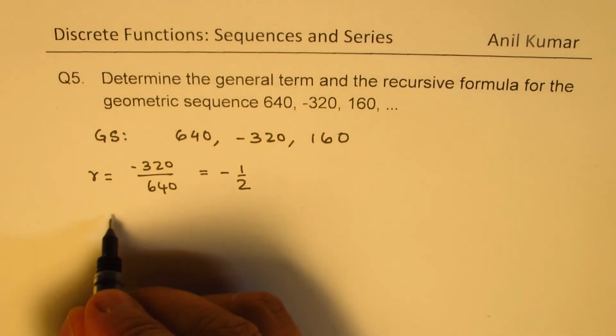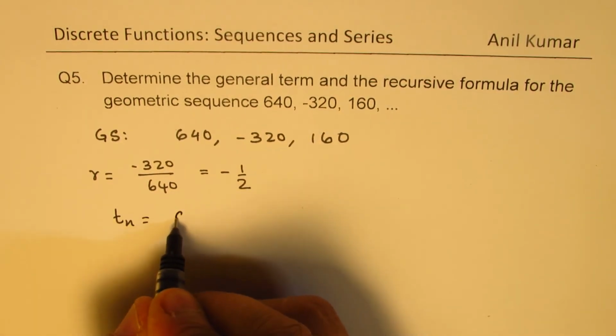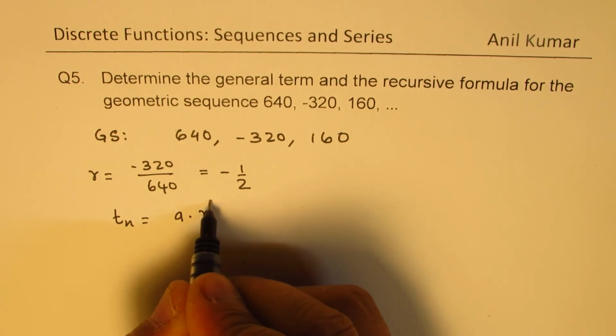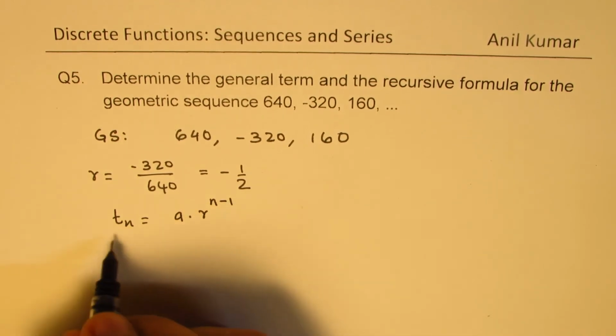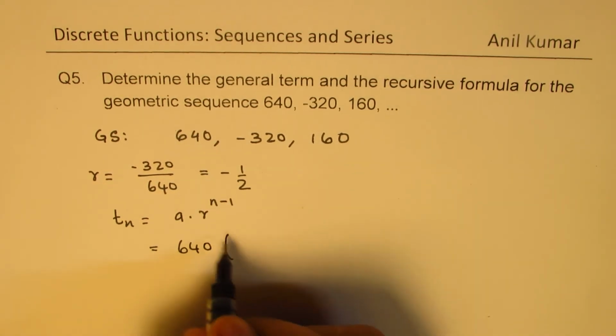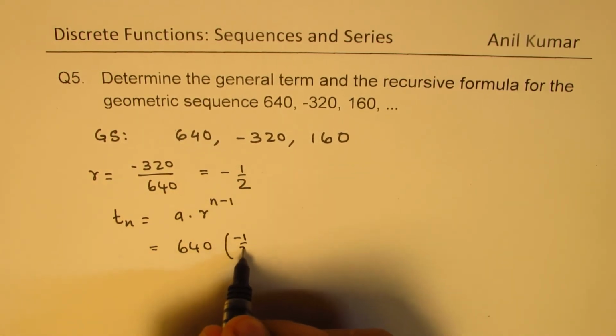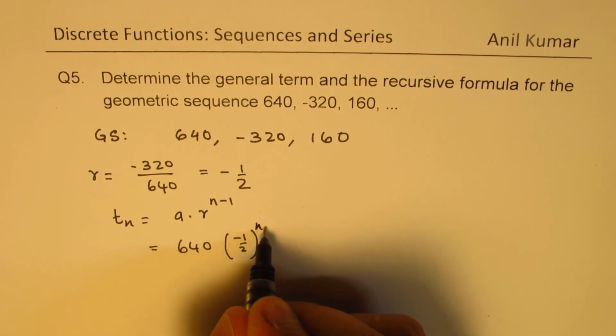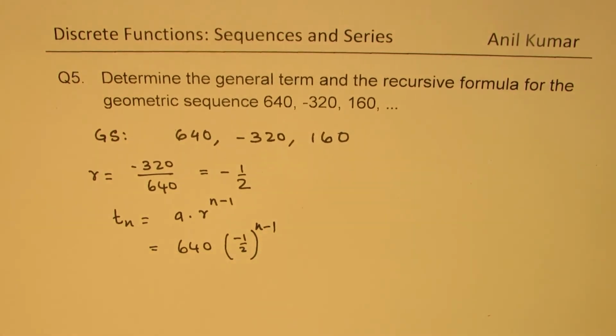So the general formula Tn basically is a times r to the power of n minus 1. In this case, a is 640, so we get 640, r is minus half, right, to the power of n minus 1. Is that clear to you? So that becomes your general formula, right?